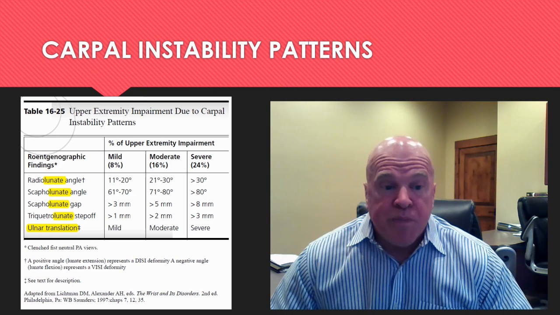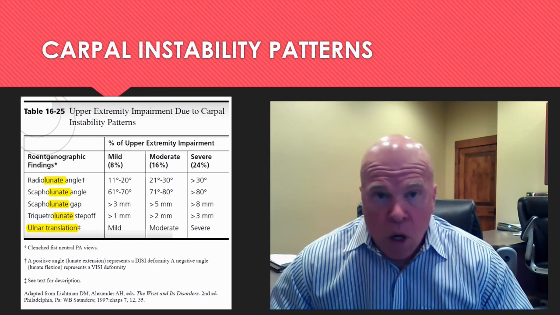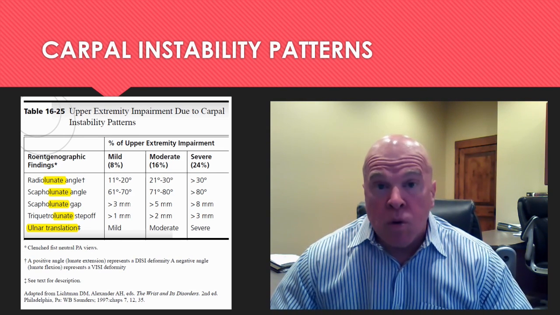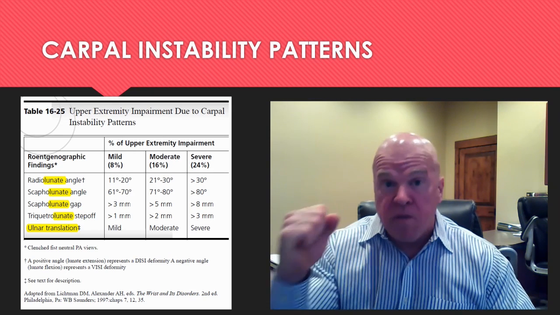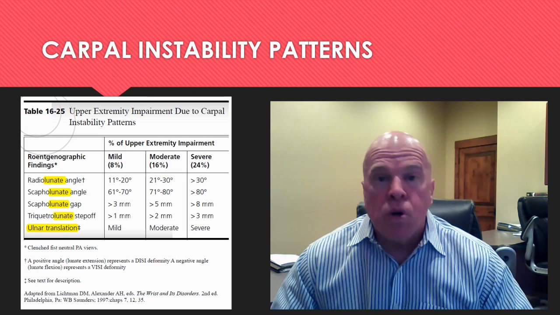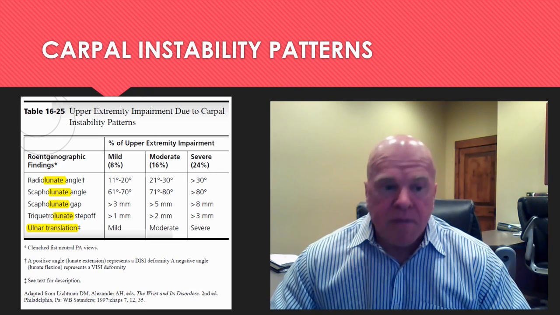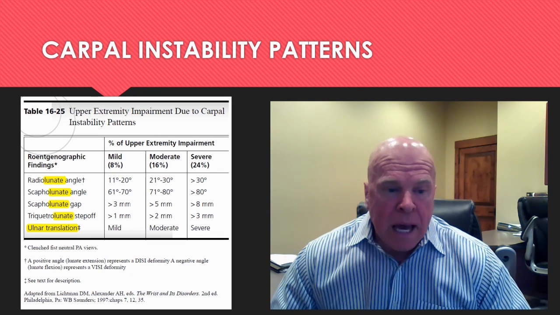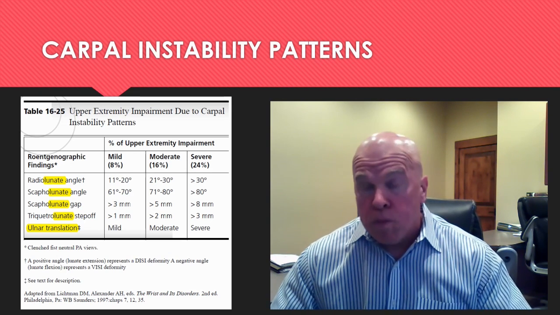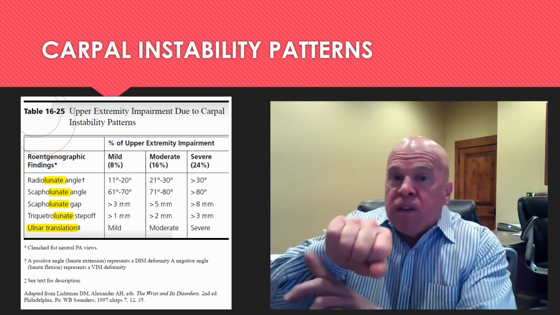The AMA guides require that we assess for the radiolunate angle. This is going to be measured on the lateral stress closed fist radiograph. Similarly, the scapholunate angle is going to be measured on the lateral radiograph. The scapholunate gap and the triquetrolunate step-off are measured either on the neutral P to A or the neutral P to A with the ulnar aspect of the hand elevated.